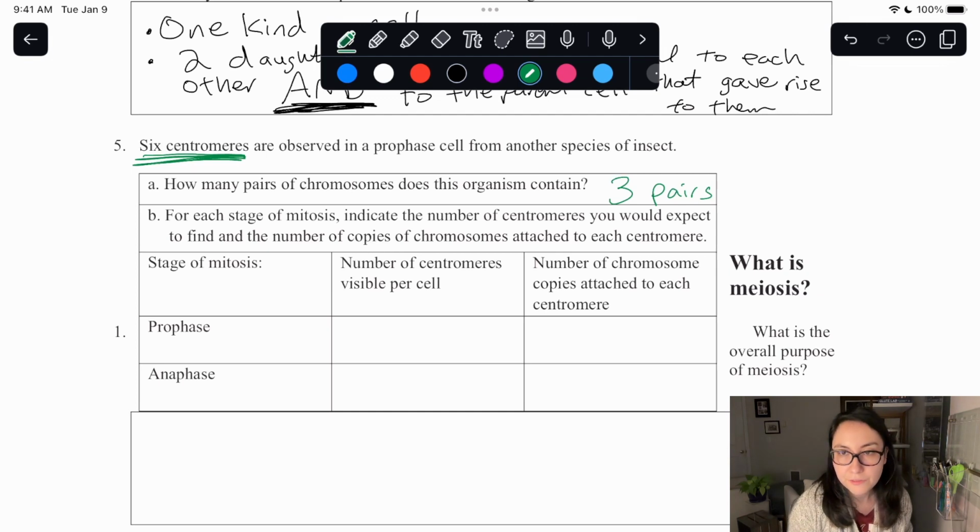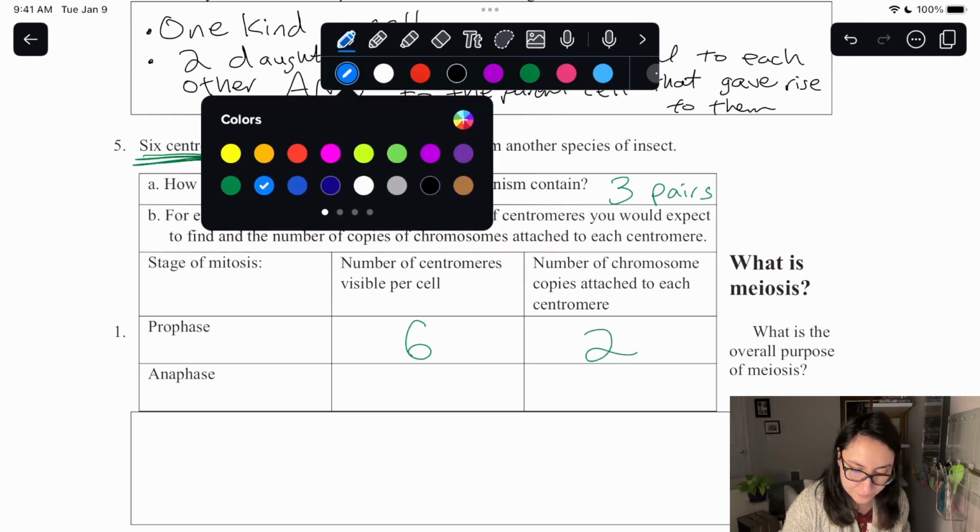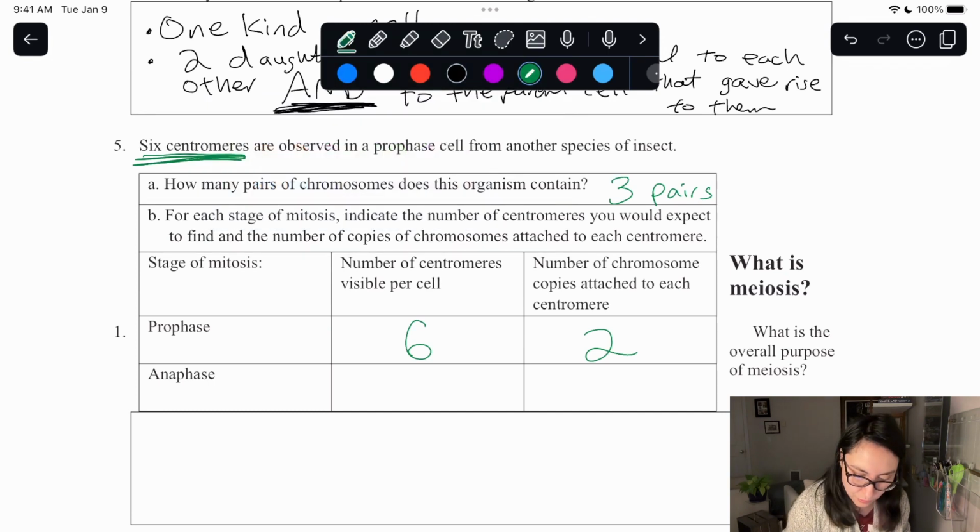So 3 times 2 is going to be 6. And then the number of chromosomes attached to each centromere is going to be 2. And then in anaphase, you're going to have 12, and then just 1 when it comes to the number of chromosome copies attached to each centromere. Because in anaphase, it's a diploid.